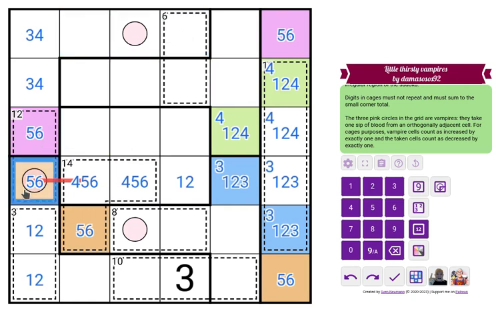For this, the orange 5, 6 goes there, leaving one of these.